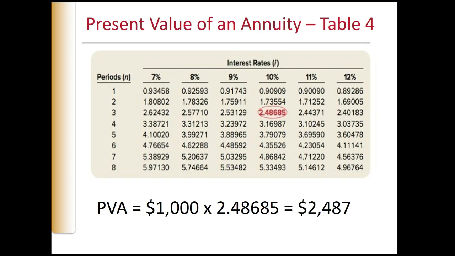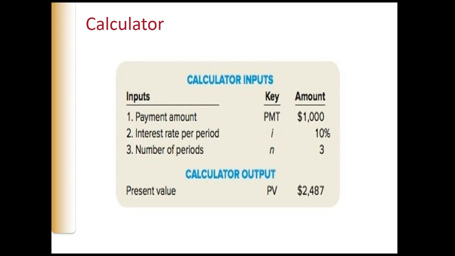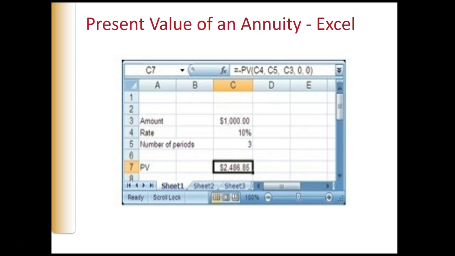The 2.48685 factor times $1,000 gives us the present value, the same figure, $2,487.